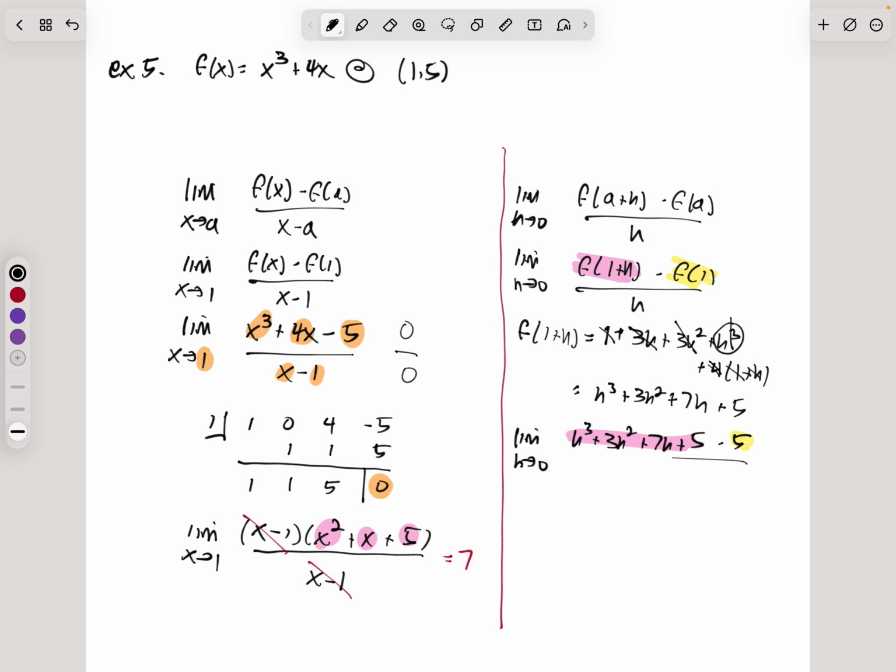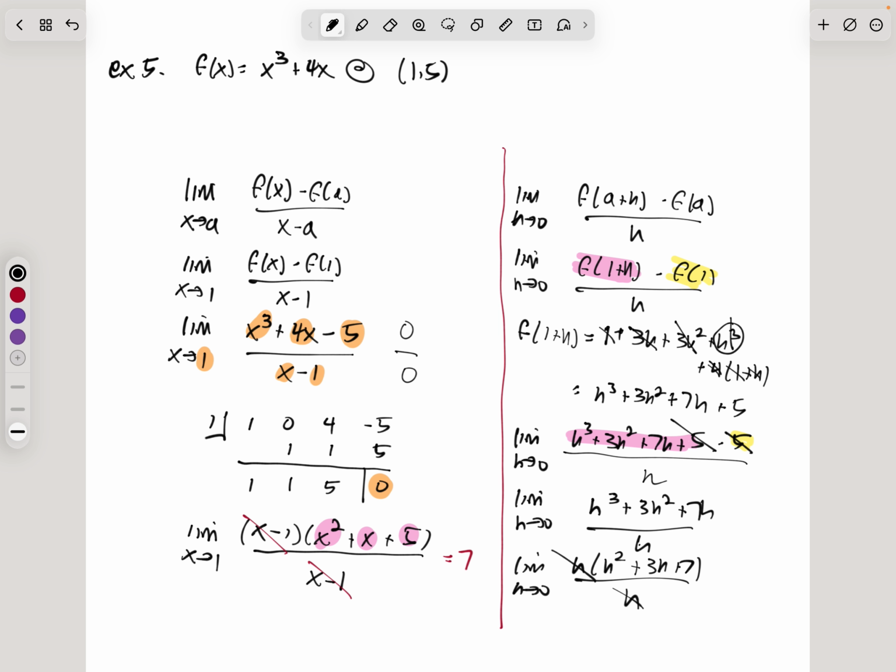Anyway, it's all over h, and algebraically, how does this clean up? The 5's cancel, and I've got h to the third plus 3h squared plus 7h all over h. We can take out an h from the numerator. Cancel, cancel. It's now evaluative, and I can plug in 0. 0 plus 0 plus 7 is 7. Either way, we get 7.